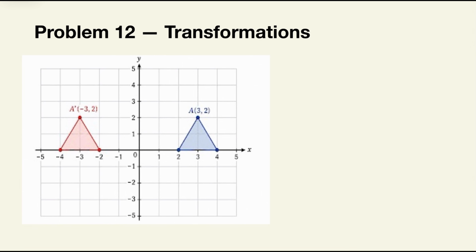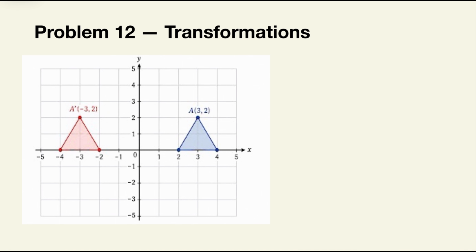Now let's look at transformations. This figure has been reflected across the y-axis. And here is the reflected image. Now let's focus on point A. We see here point A starts at +3, +2.